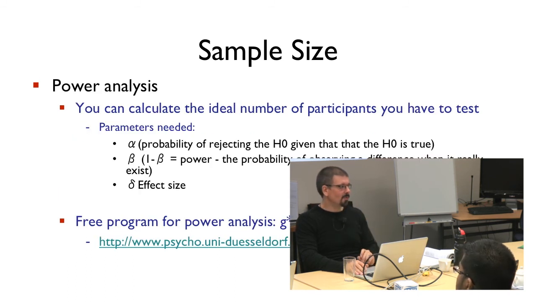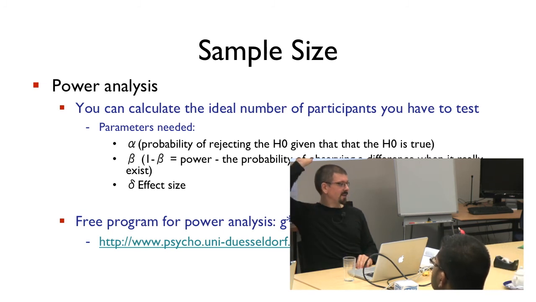If you want to make sure to calculate the optimal number of participants for your research, you can do a power analysis. There's a link to a free tool that you can use where you can put in your numbers and then find the ideal number of participants.